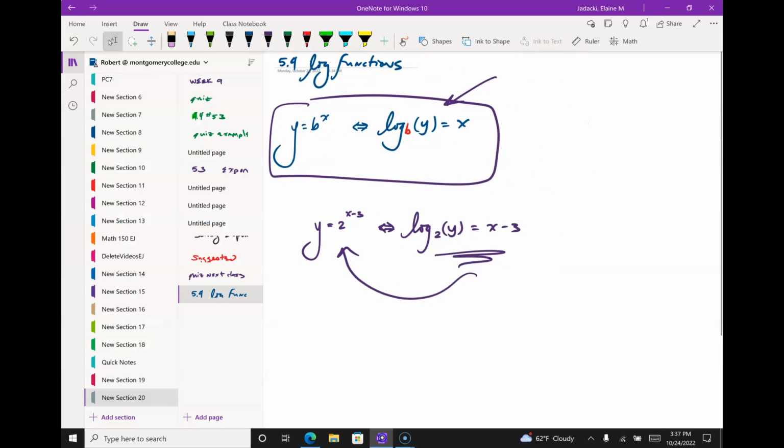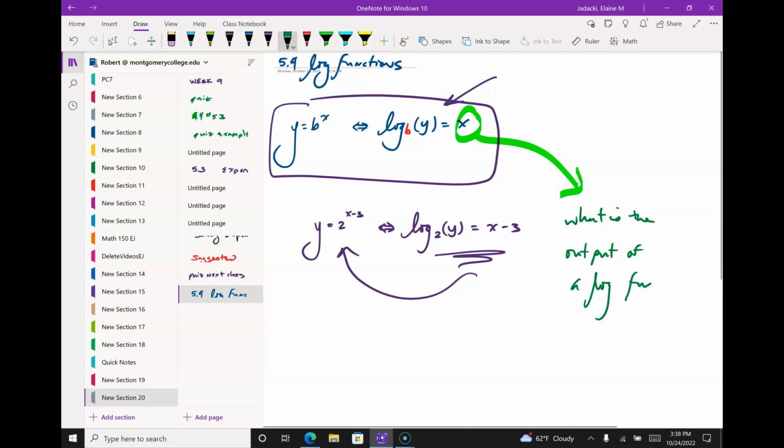So what's interesting to me is, what is the output of a log function? Well, look at the translation. What's the output? What part of the exponential function is it?